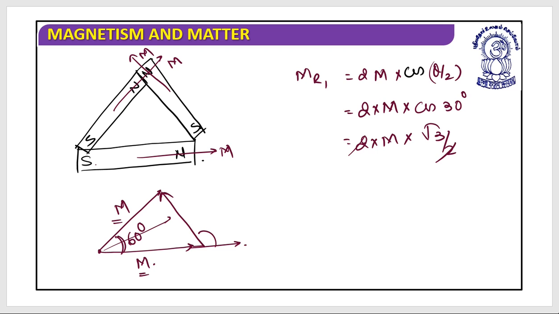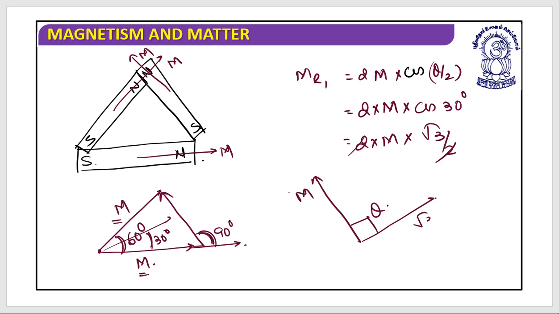Now I am having these two. This was 90 degrees, this was 120 degrees, this was 30 degrees. This would be the angle theta. Now you can do this.